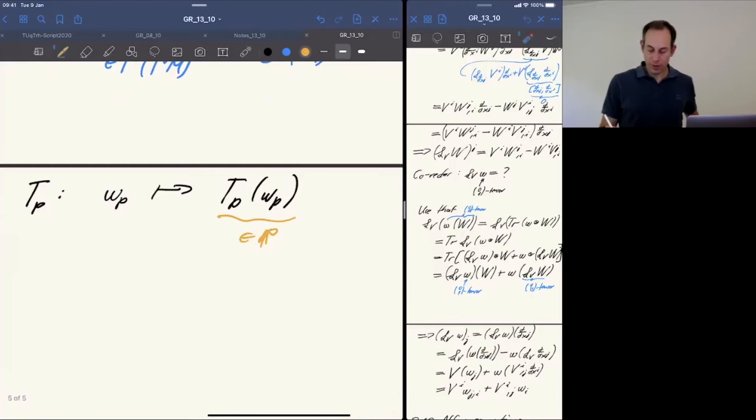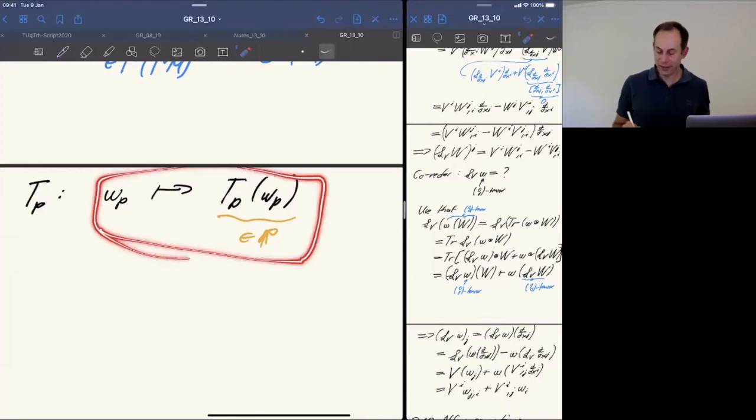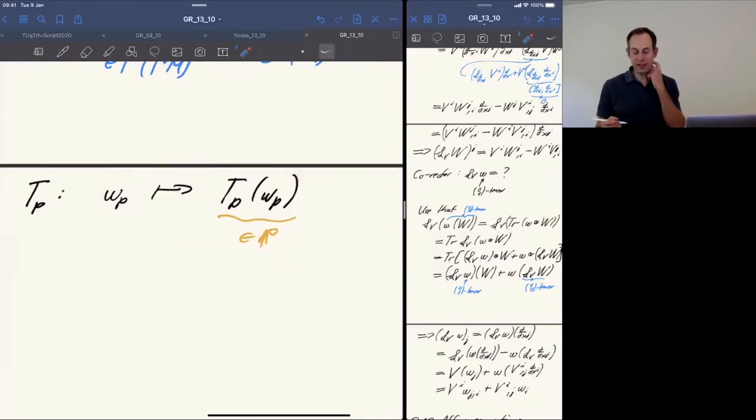Now, why is such an object, this function, interpreted as a vector?